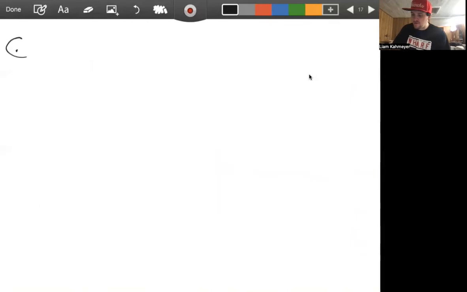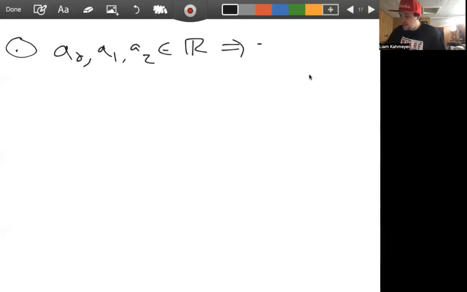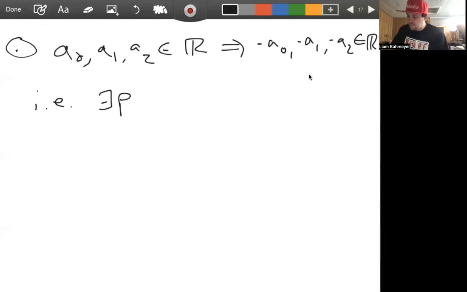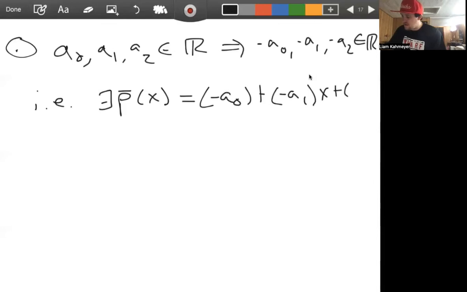Well, for the inverse, we start by noting that if A0, A1, and A2 are in the reals, then this implies that negative A0, negative A1, and negative A2 are also in the reals, i.e., there exists a polynomial, let's say P bar of X, which is defined to be negative A0 plus negative A1 X plus negative A2 X squared.